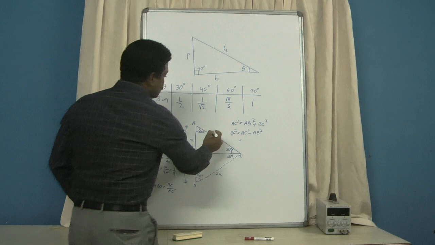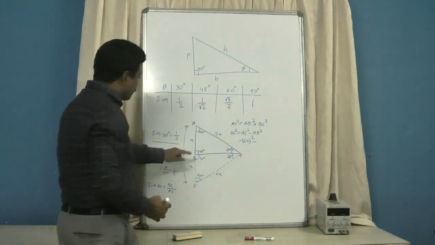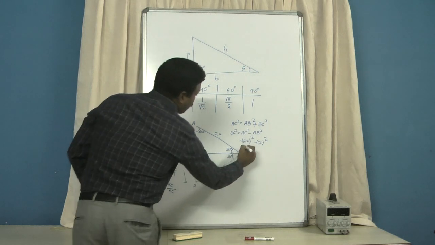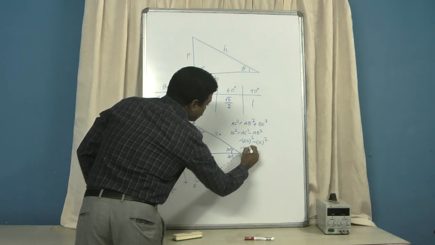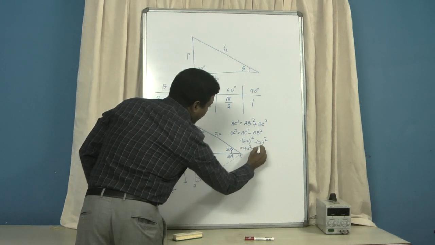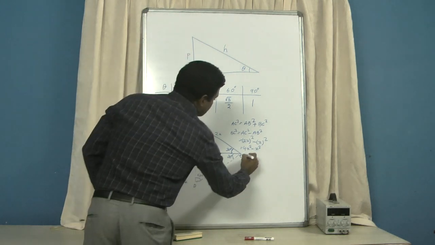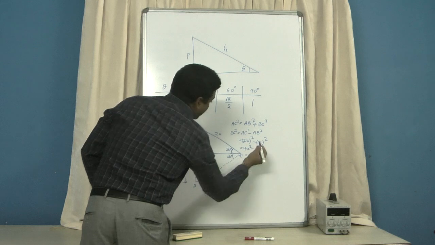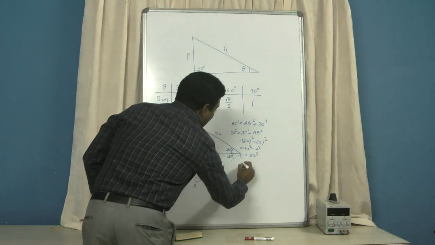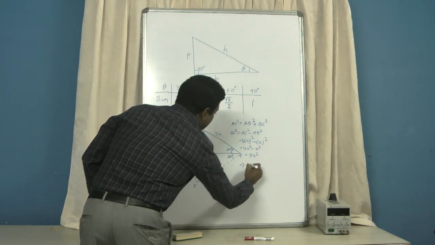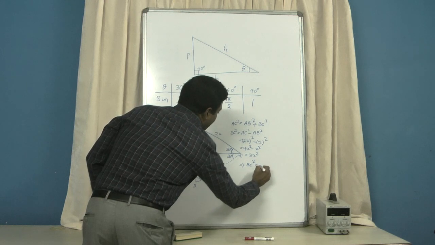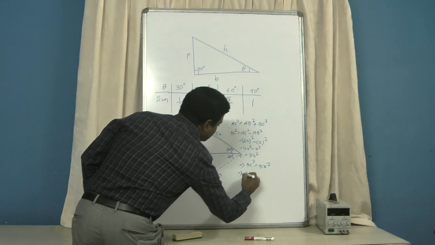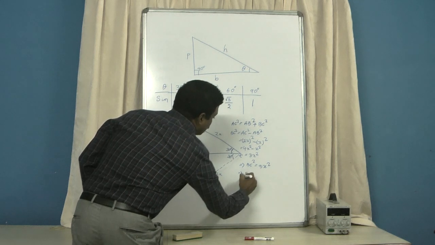AC is 2x, minus AB is x. So this leads to 4x square minus x square, which is equal to 3x square.